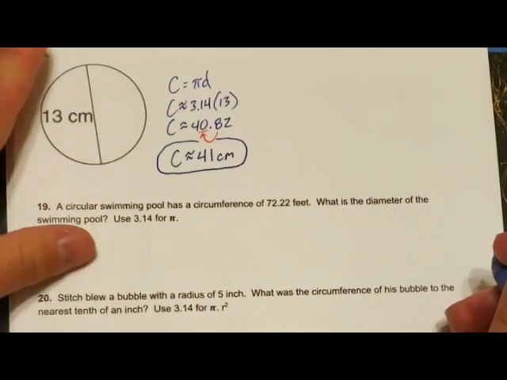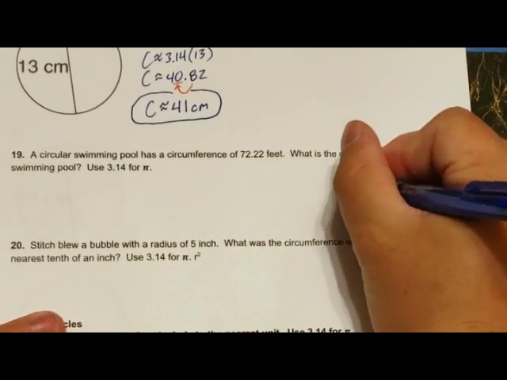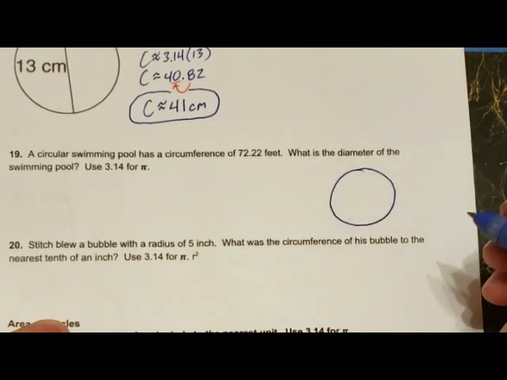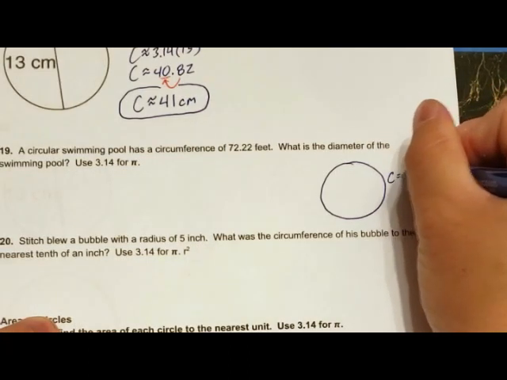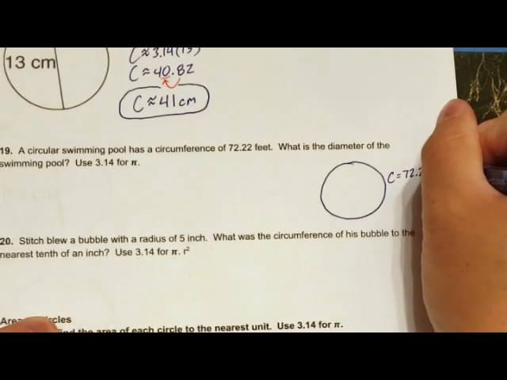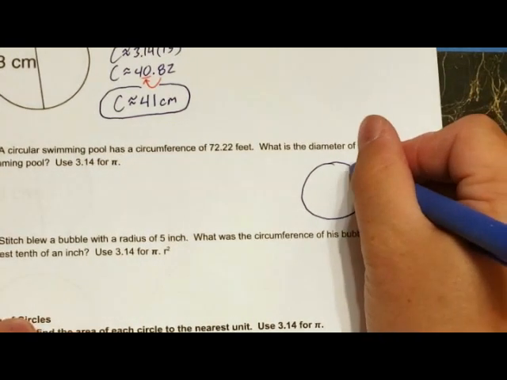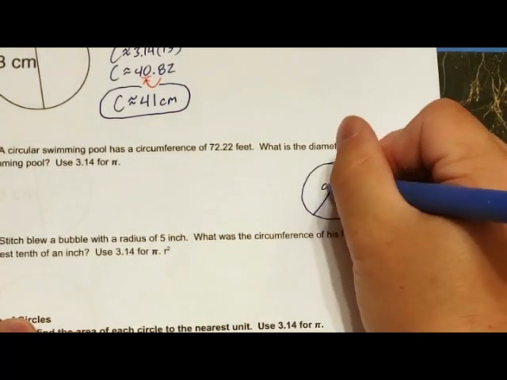A circular swimming pool has a circumference of 72.22 feet. Okay, so this circular swimming pool has a circumference of 72.22 feet. And they want to know what is the diameter of this swimming pool.